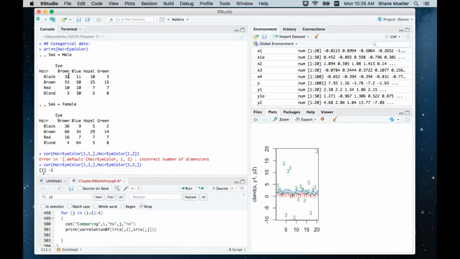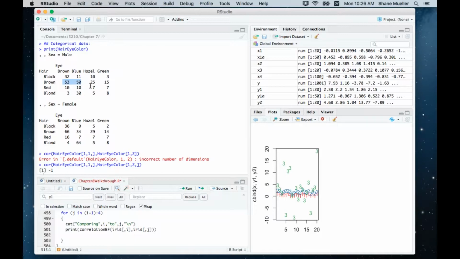So here you can see for brown eyes, for the male gender, there's very few blonde hair. But for blue eyes, there's relatively many. So brown hair is about equally likely for brown and blue eyes, but blonde hair is 10 times more likely for blue eyes.